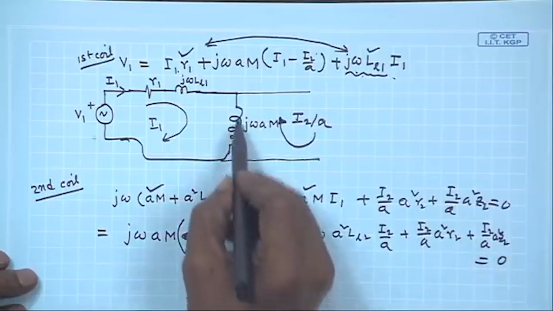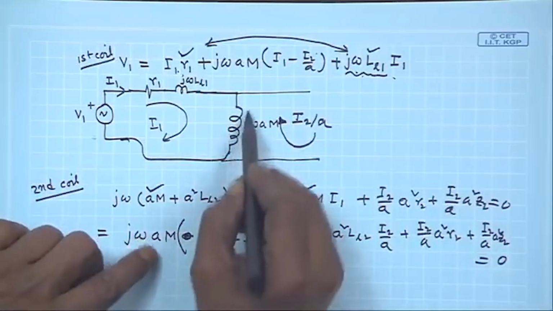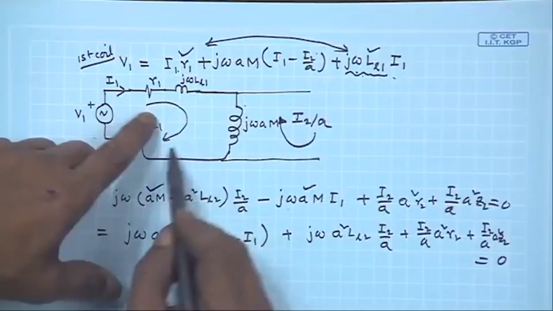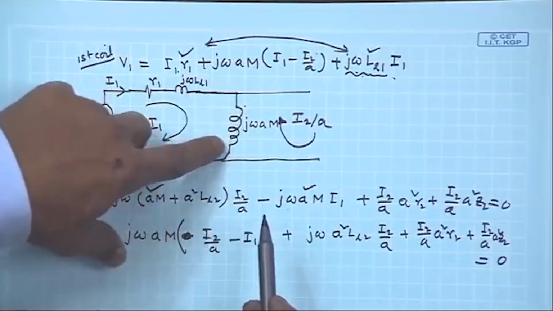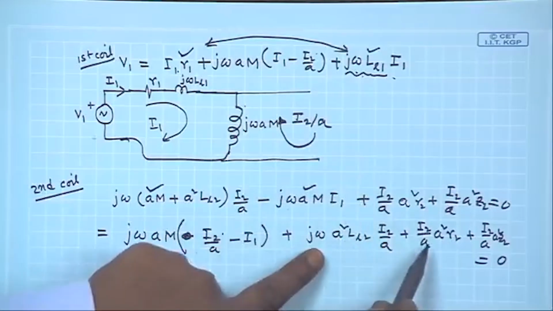So, you see this voltage drop I 2 by A into j omega m is taking place here, and then minus j omega m into I 1 is in the opposite sense. So, I 2 by A minus I 1, mesh analysis. Then what you have got?